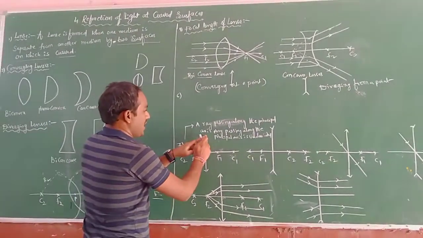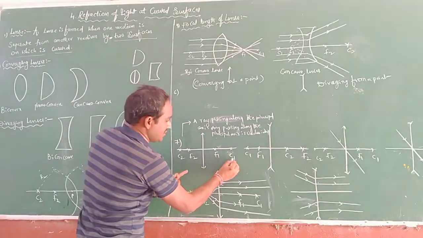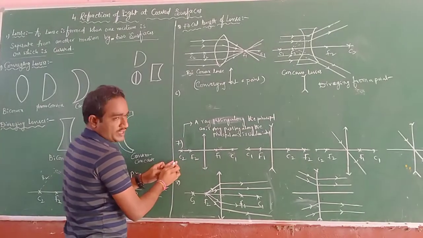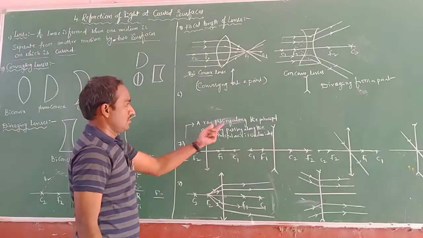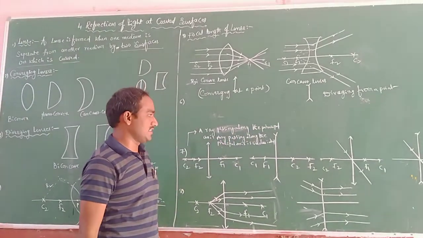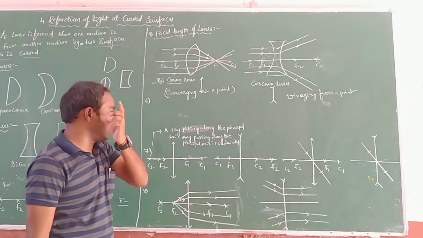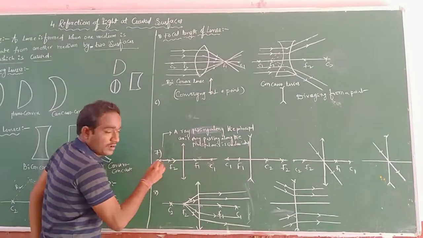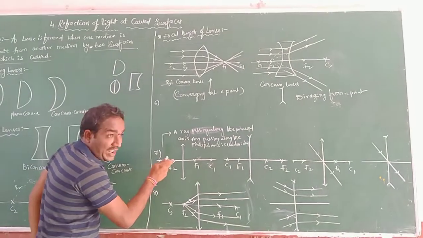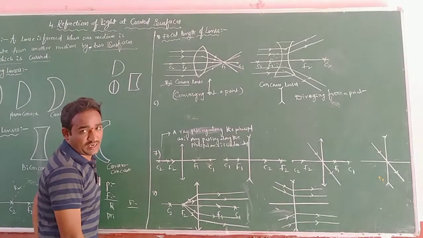So for the biconvex lens, we represent the right side values as F1, C1 and the left side as F2, C2. If any ray passes along the principal axis, it is undeviated. Undeviated means there is no refraction.